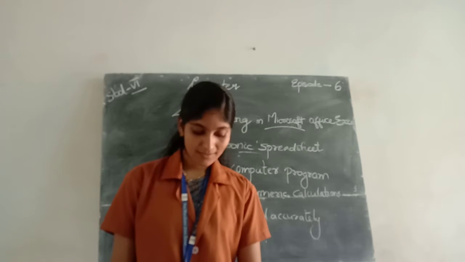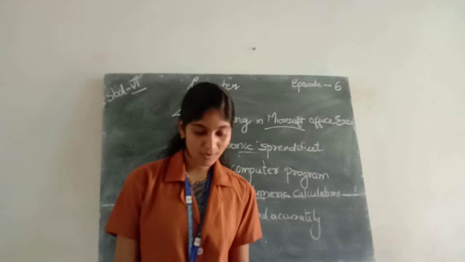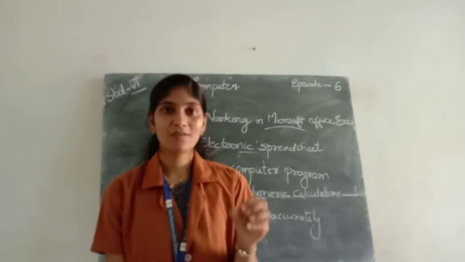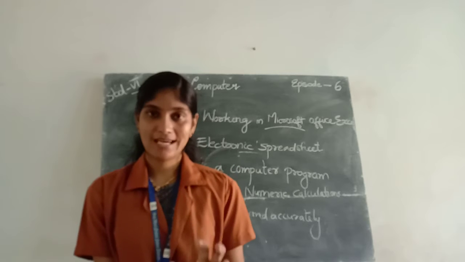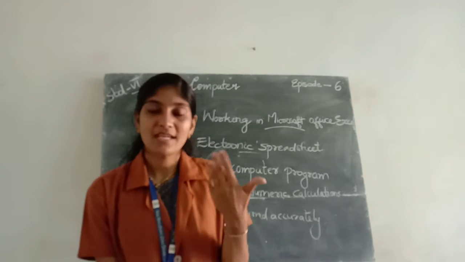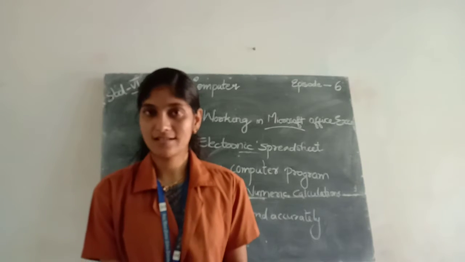Suppose your marks in all subjects are changed, your teacher will have to manually recalculate the total marks, percentage and average. If any one of the marks changed, what will happen? Then we have to recalculate the total marks for calculating percentage, average and grade.